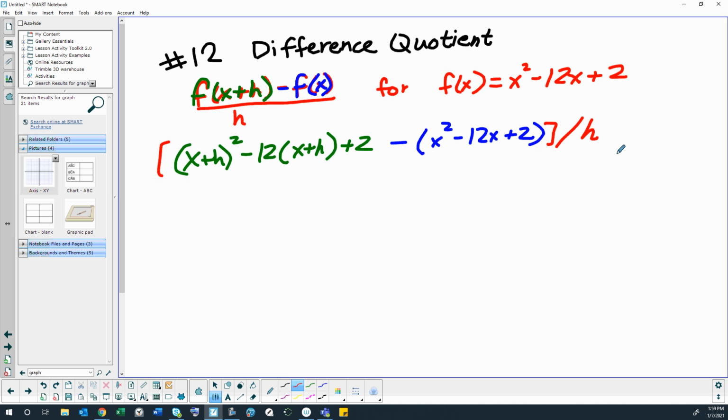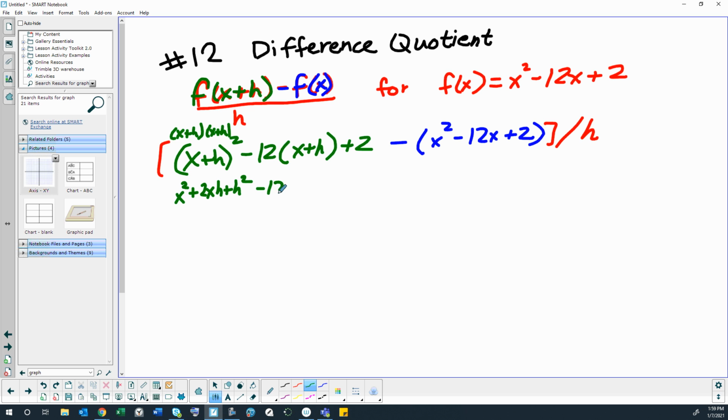Alright, I'm just going to write it this way to save myself space vertically while I simplify. So here we get x squared plus 2xh plus h squared, because we have to actually multiply first, outside, inside, last together on these two binomials, x plus h and x plus h. Right?